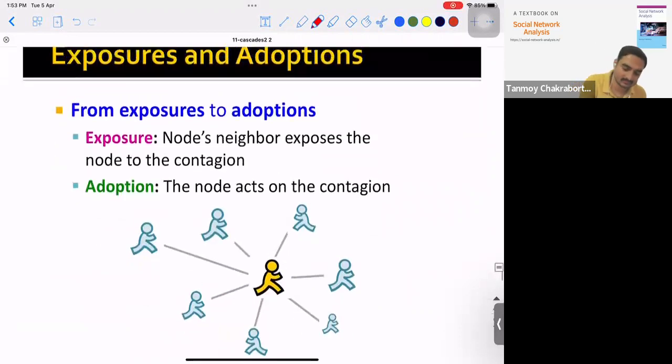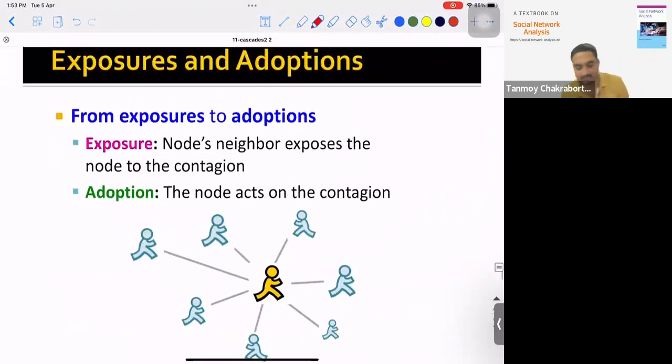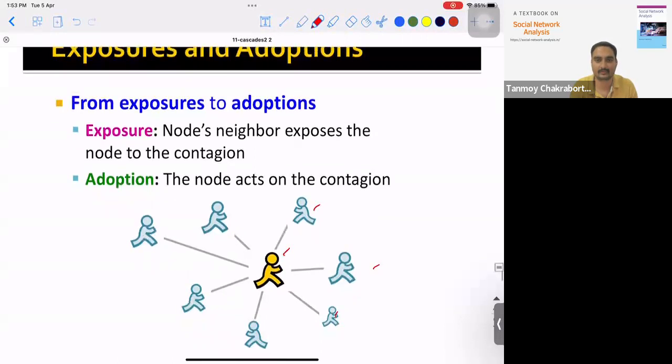So what people suggested is something called the exposure adaptation model, right? And this is very much the same as the previous concept, but a little different. In the exposure adaptation concept, the idea is that let's take a user, and this user has so many neighbors, and assume that some fraction of neighbors have already been infected.